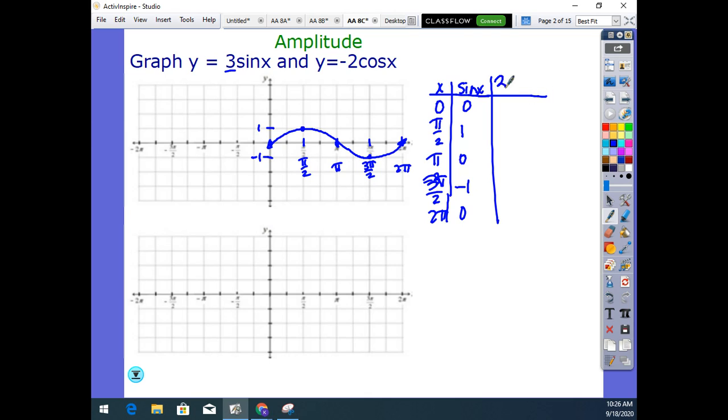So what does it do to the y values when I take 3 times the original y values? 0 will stay 0, the 1 becomes 3, 0 stays 0, negative 3, 0. So the zeros stay in the same place, but we're stretching each of the 1 values by the amplitude. This is our amplitude. This is how much it stretches from the top to the middle, or the middle to the bottom.